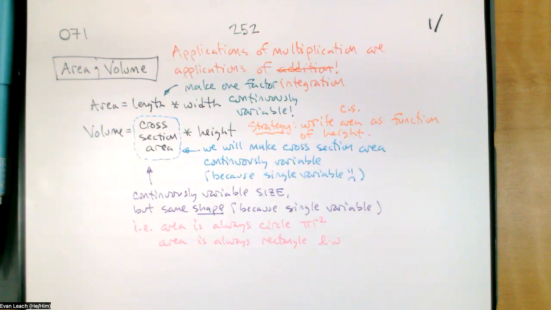Note that this is something that we are already familiar with. It's not new that volume is the cross-sectional area multiplied by the height. Most of the volumes of things that we know all come from this.